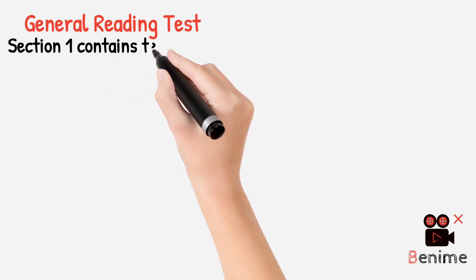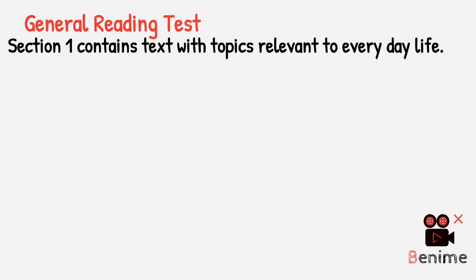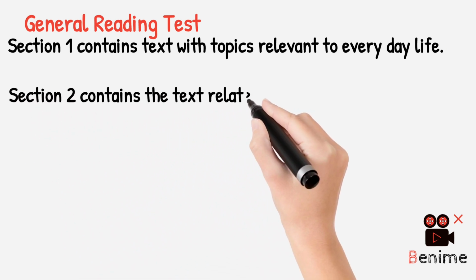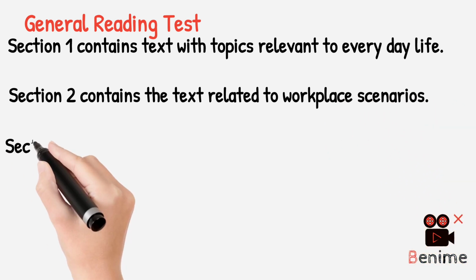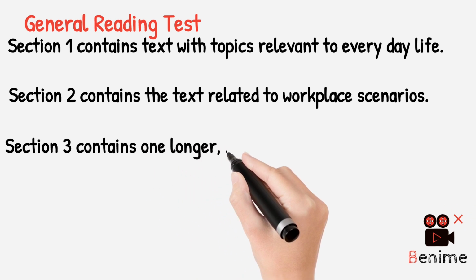Now, if you talk about the general reading test, it will be a little different from your academics test. Section 1 of your general reading test contains text with topics relevant to everyday life. Your section 2 will contain the text related to workplace scenarios.